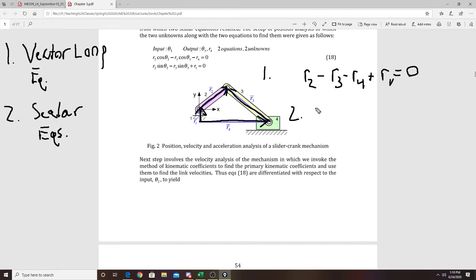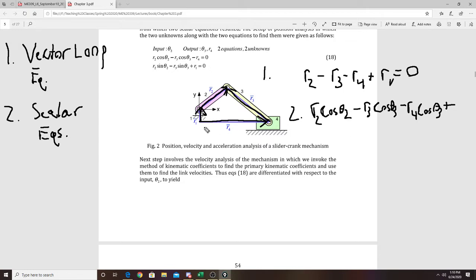And so the scalar equations for this are R2 cosine theta 2 minus R3 cosine theta 3. Oh man, it's better not. It's not that bad. I thought it was worse than it was. And then plus R1.